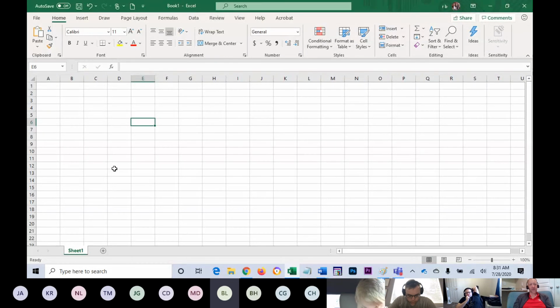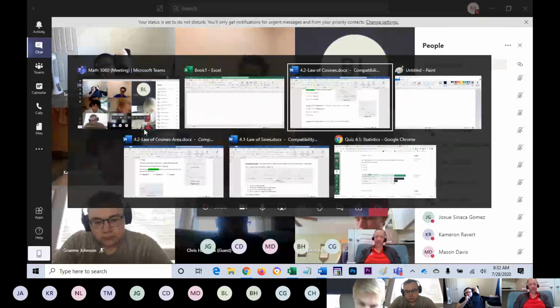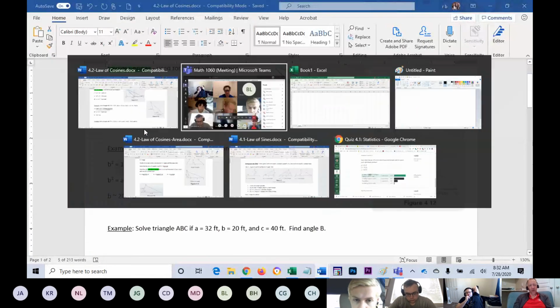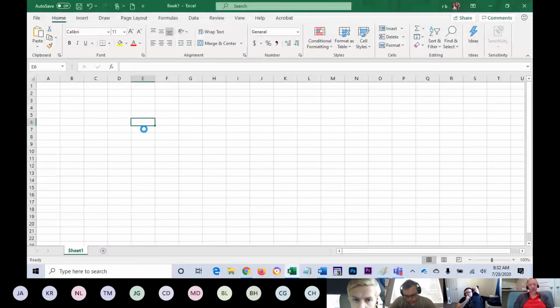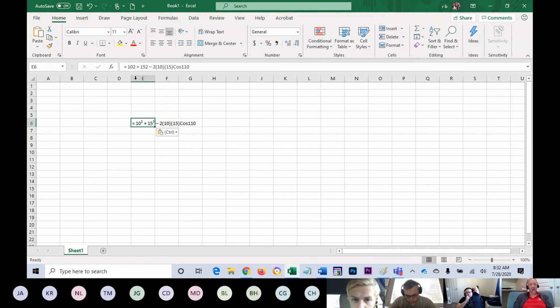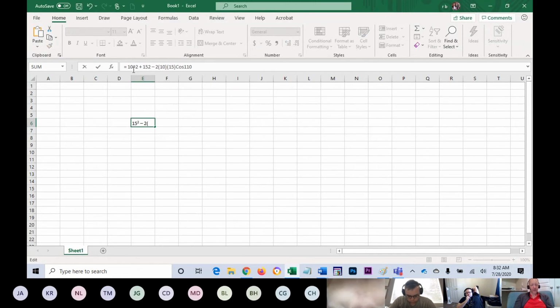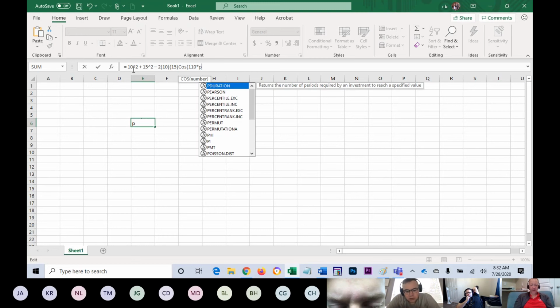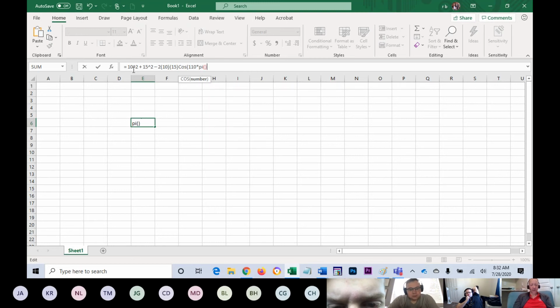Okay, so 10 squared, 15 squared, minus 2 times 10 times 15. Now, in my case, my calculator is in radians, so I need to convert this to pi over 180.